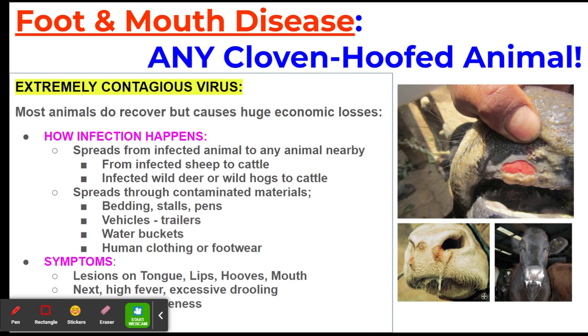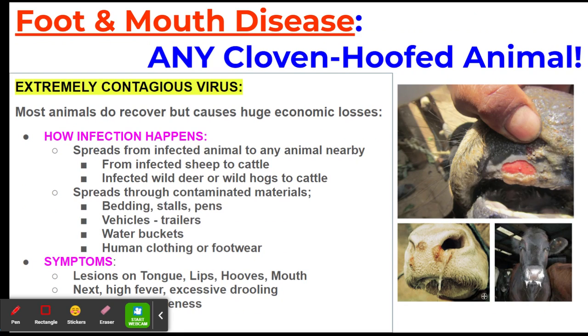It's not just something that can affect cattle, but any cloven-hoofed animal is at risk of this disease. It's an extremely contagious virus. Most animals do recover from this disease, but this disease does cause huge economic losses.